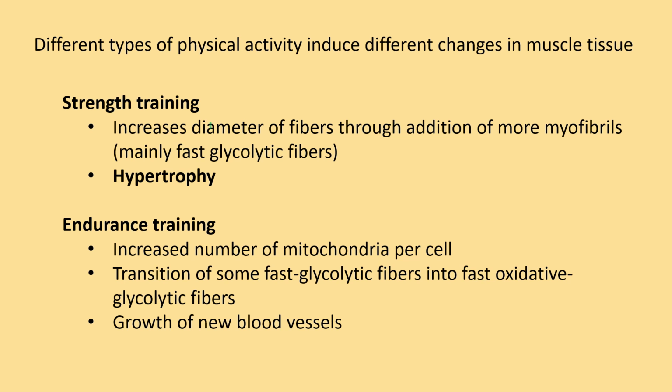And we can contrast that to endurance training. Does running lead to particularly large muscles? No, not necessarily, but it does lead to your ability to keep running. And so endurance training leads to different changes in our muscle tissue. So with endurance training, you go for a run every day, and eventually you're able to run a 10K, and eventually you're able to run a marathon.